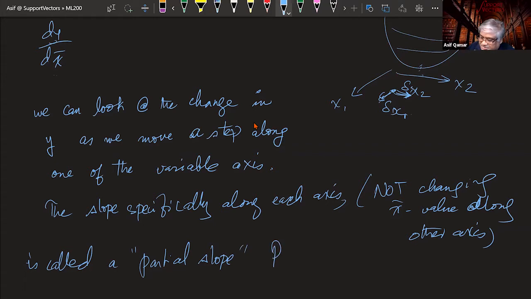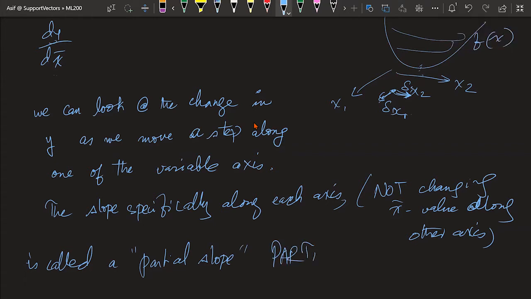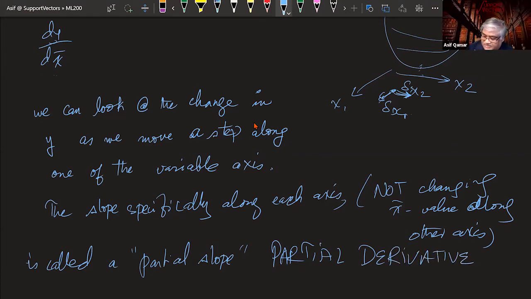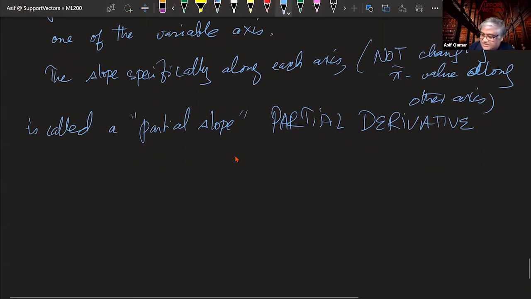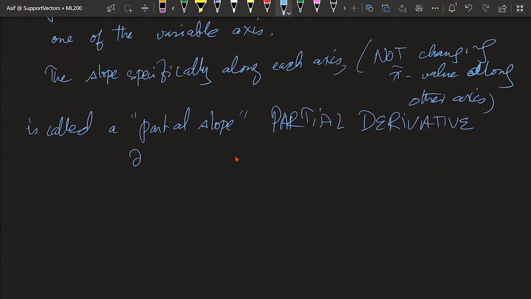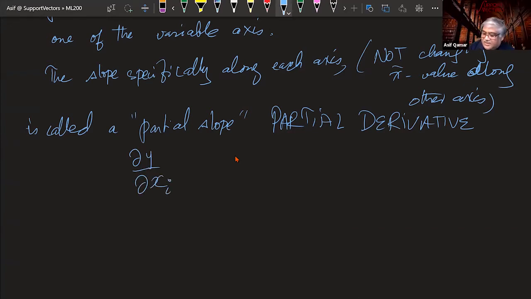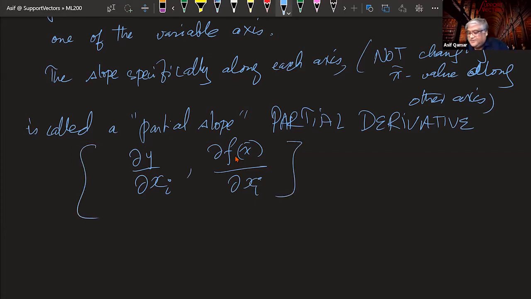That's what a partial derivative is. And the way we write it, you'll see me use this notation, dy/dxi, or df(x) along this particular direction. You'll see these two notations often used here.